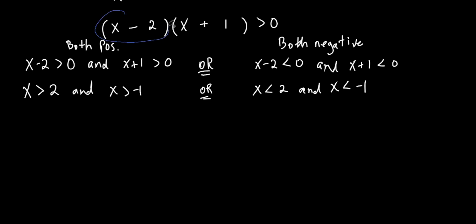You see this, x minus 2? I'm going to put equals, but it doesn't mean it's equal, because it is greater than, but I'm going to put equal anyway. So x could equal 2, since x minus 2 equals 0, or x could equal negative 1.